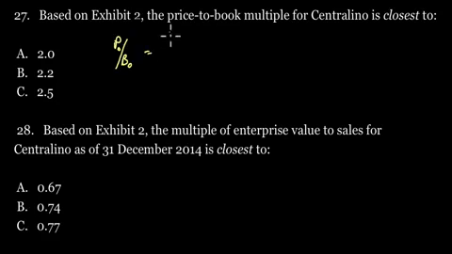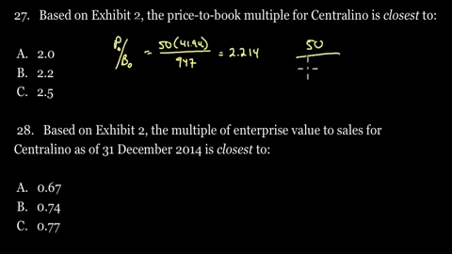So what was our price? It was 50. How many shares did we have? 41.94. And if you look in Exhibit 2 for book value, you'll get 947. And if you do the math on that, the calculator works out to 2.214. You would have arrived at the same value if you had taken $50 divided by 947 divided by 41.94.